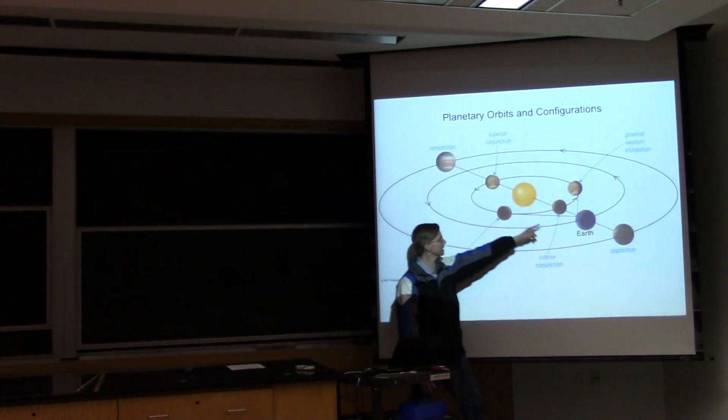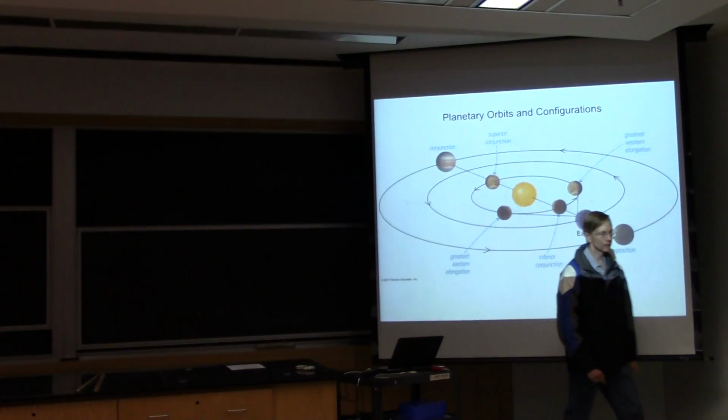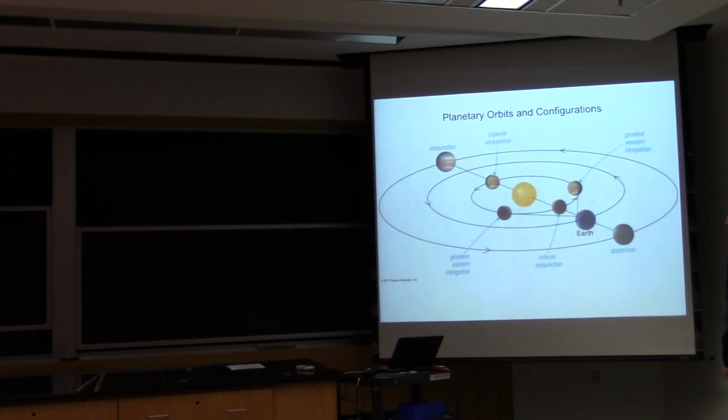And the opposite of that is opposition, when it's on the opposite side of Earth from the sun. So in our sky, when the planet is at opposition, what phase of the moon is in opposition with the sun? What phase of the moon is it when it's opposite from the sun in the sky?